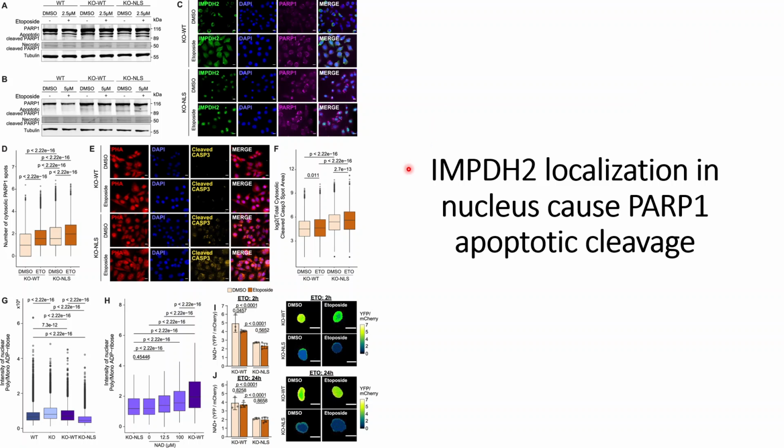In this video we will discuss how IMPDH2 localization in the nucleus causes PARP1 apoptotic cleavage. In the previous video we understood that IMPDH2 localization in the nucleus prevents the cells from an energy deprivation state, and in these experimental figures the researchers have presented some more insight about IMPDH2 localization in the nucleus.